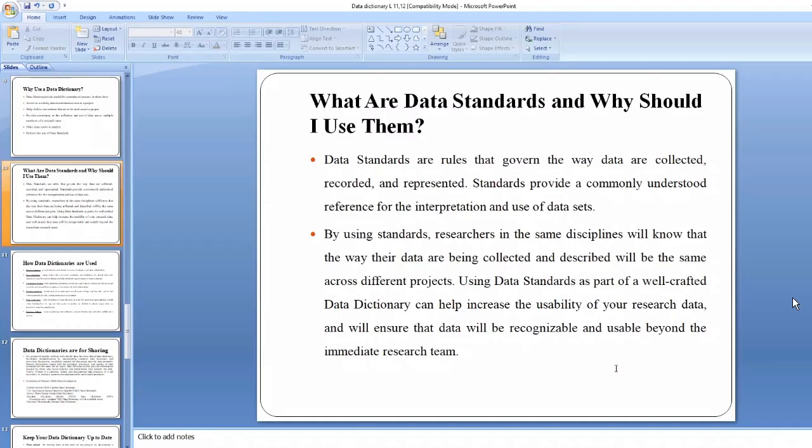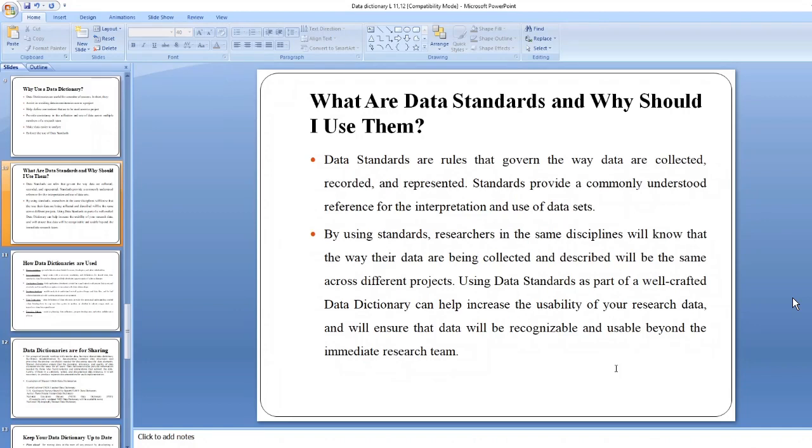By using standards, researchers in the same discipline will know that the way their data are collected and described will be the same across different projects. Using data standards as part of a well-crafted data dictionary can help increase the usability of your research data.